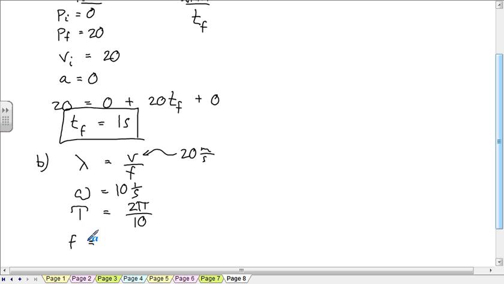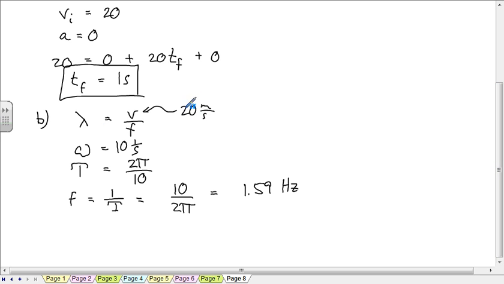The frequency is 1 over the period, which you could get by just flipping these. So it's 10 over 2 pi, and you get an answer of 1.59 hertz.